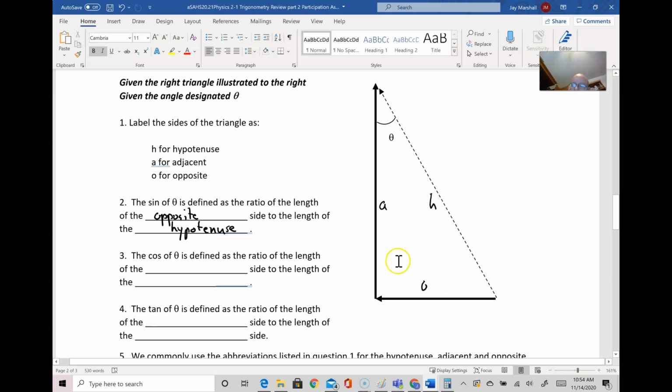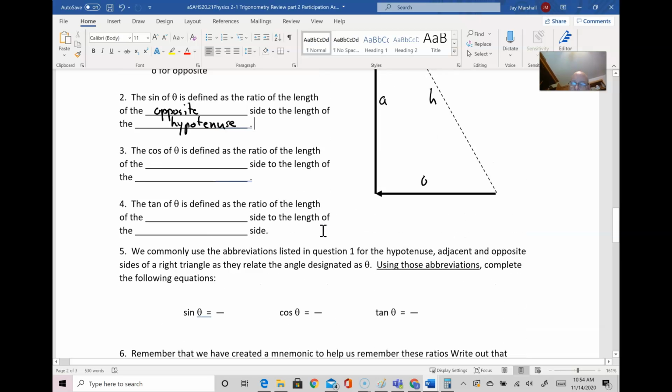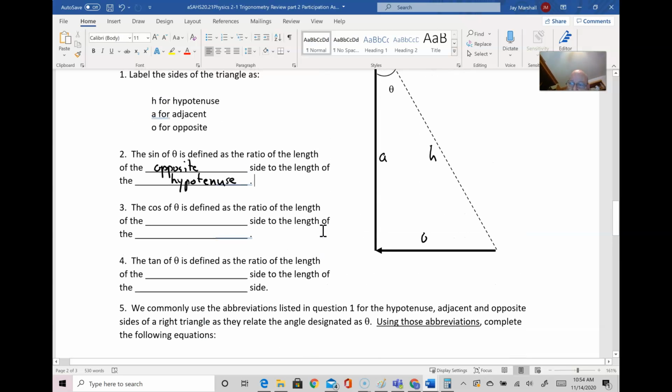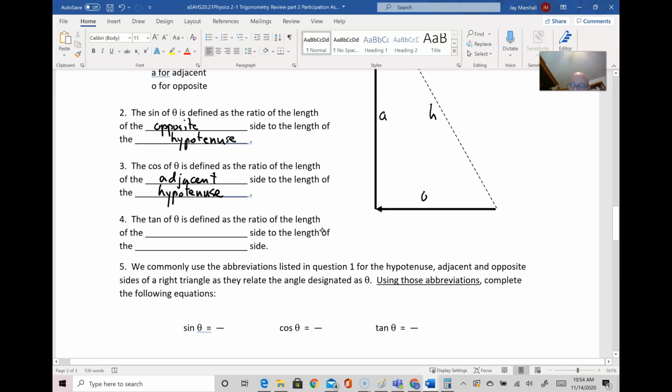Okay, and then for the cosine, you know that that's going to be the ratio of the length of the adjacent side to the length of the hypotenuse. And then for the tangent, you know that that's going to be the ratio of the length of the opposite side to the adjacent side.